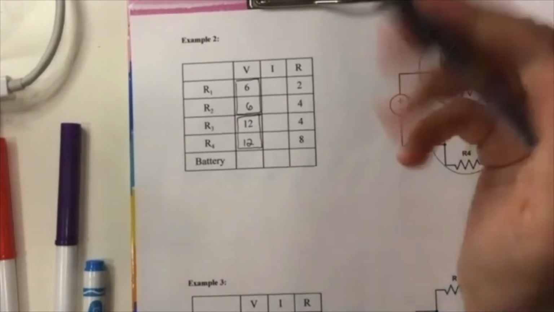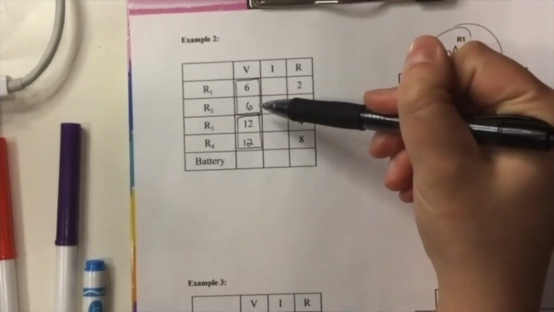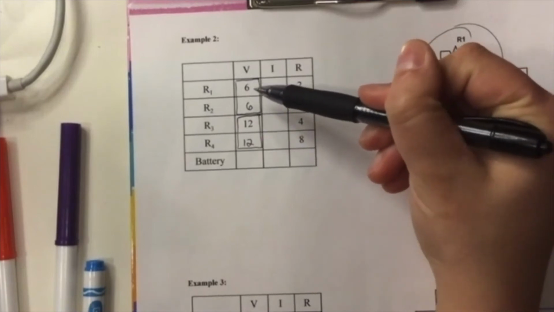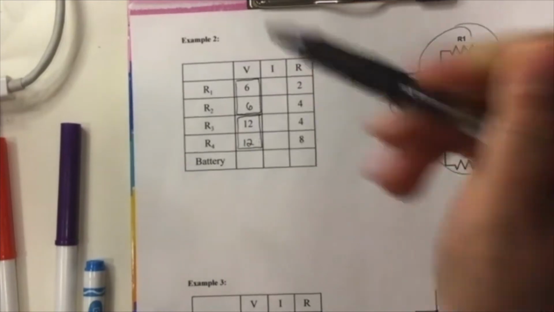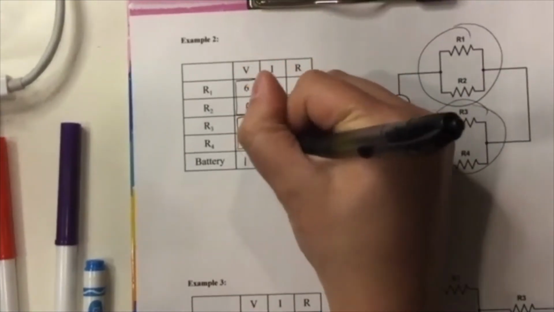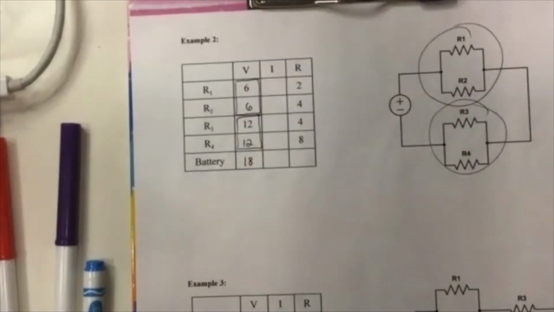Okay, so the reason we put the little boxes around things in parallel is to remind you to not double count. So this isn't 6 plus 6 plus 12 plus 12. This is 6 ones plus 12 ones equals 18. Right? And that's because the electrons can only take one path at a time.